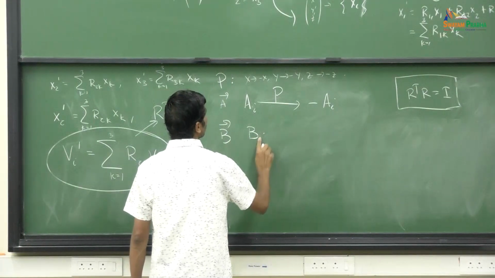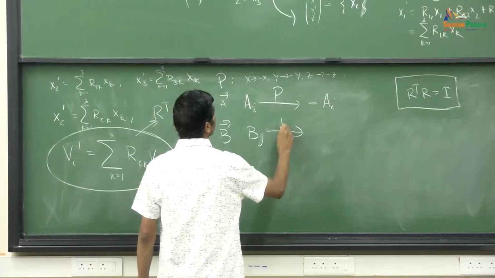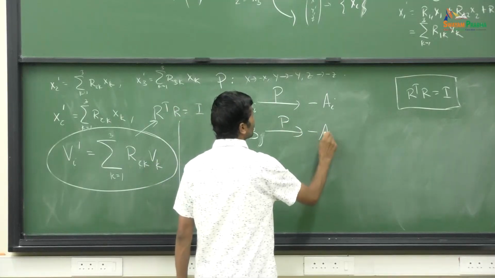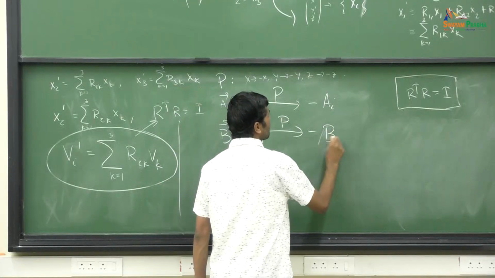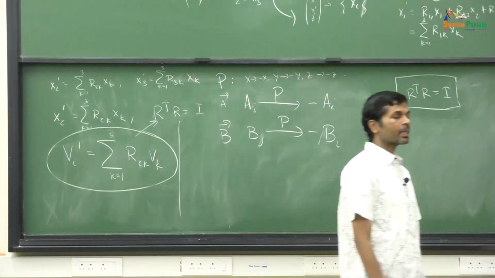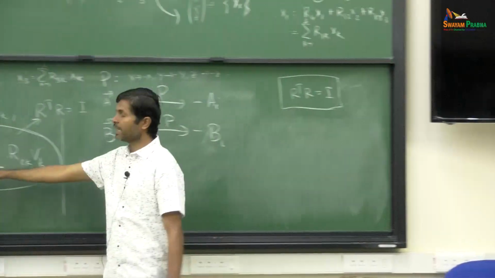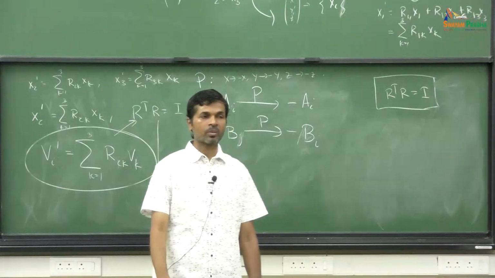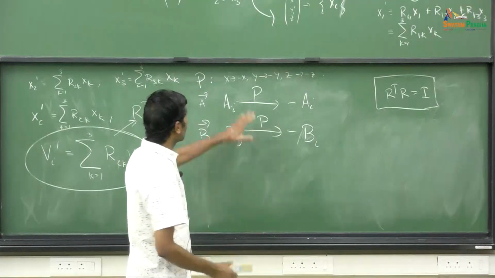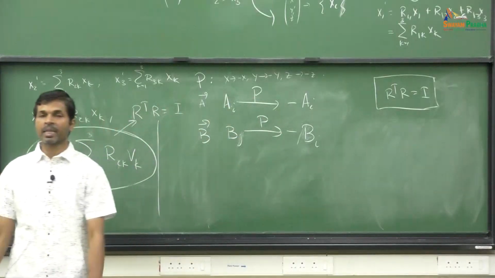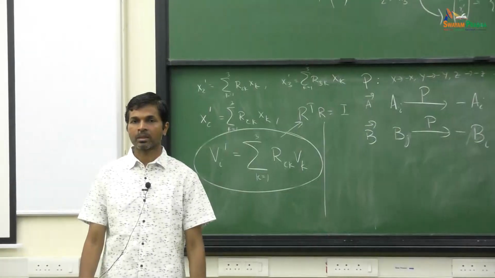Its components are Bj's. Under parity transformation, they go to minus of themselves. Suppose I take 2 vectors. Under rotation, they transform exactly like the position vector. Under parity also, they transform exactly like the position vector.